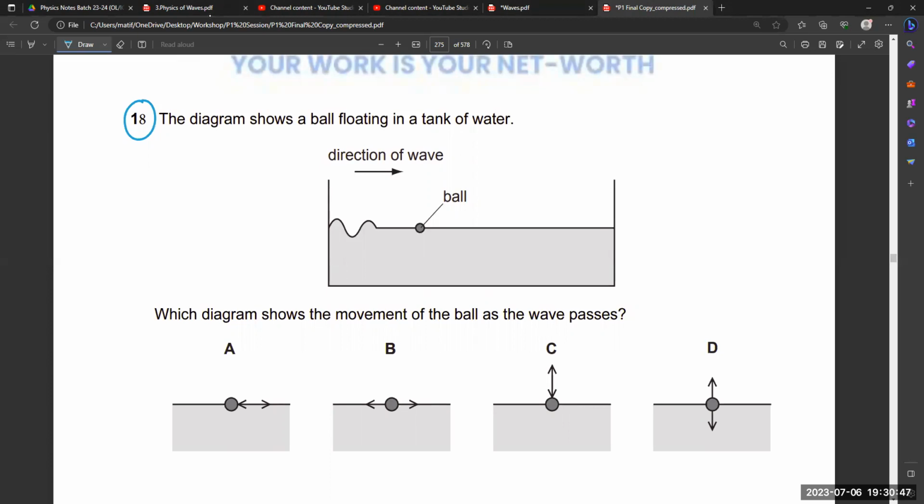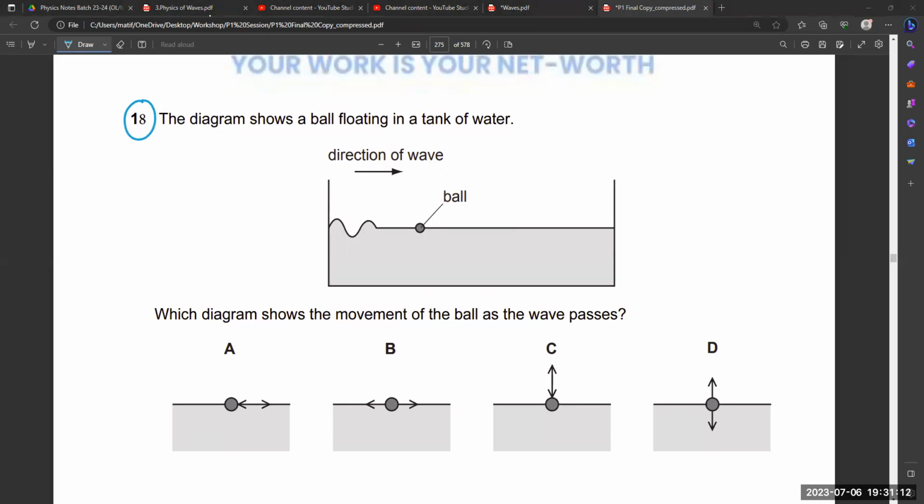The diagram shows a ball floating in a tank of water. Which diagram shows the movement of the ball as the wave passes? Wouldn't it be the fourth option, D?